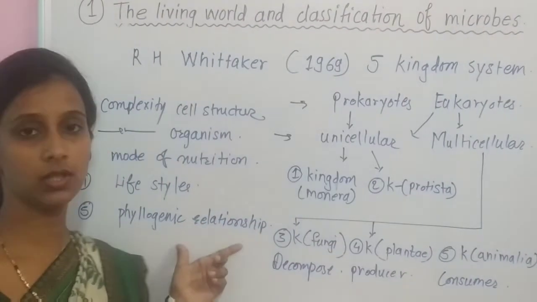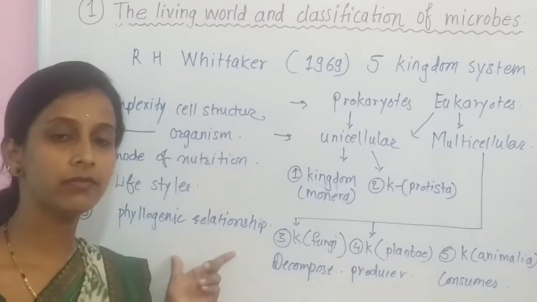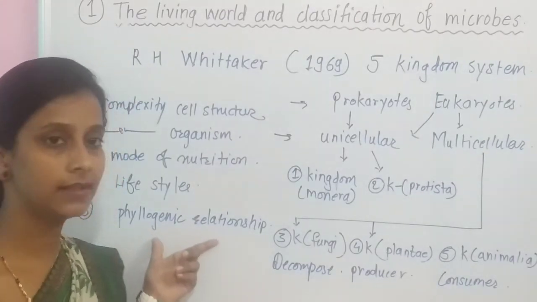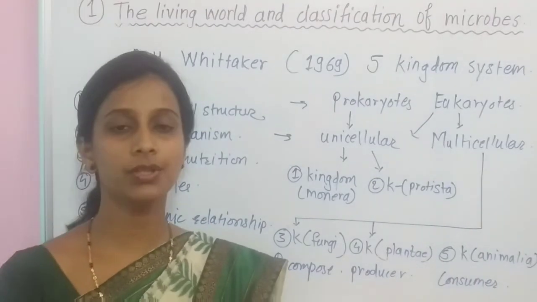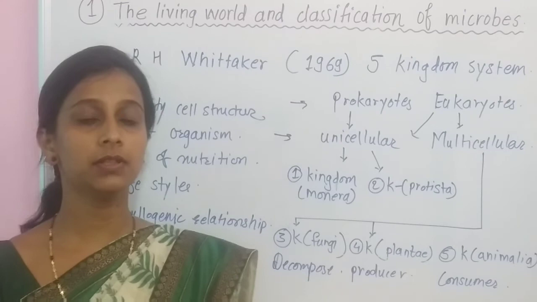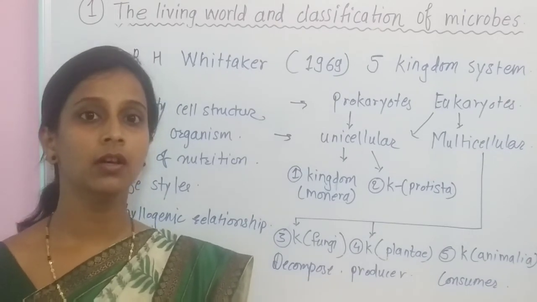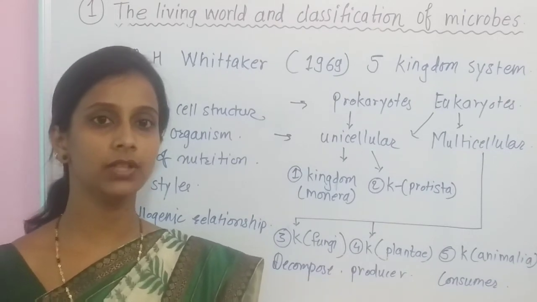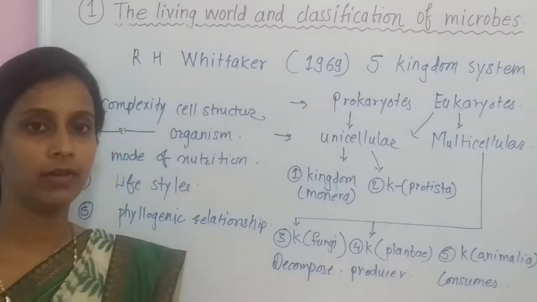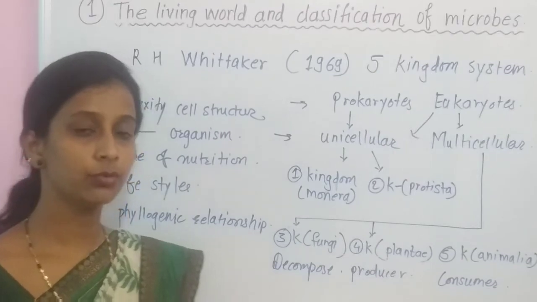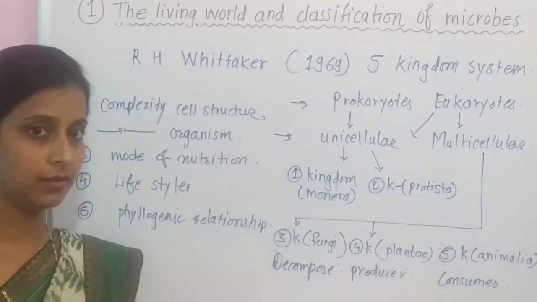And last is the phylogenetic relationship. So what is phylogenetic relationship? It is the last criteria used by Whittaker. According to the theory of evolution, all living organisms developed their cells to survive on the earth in any condition.